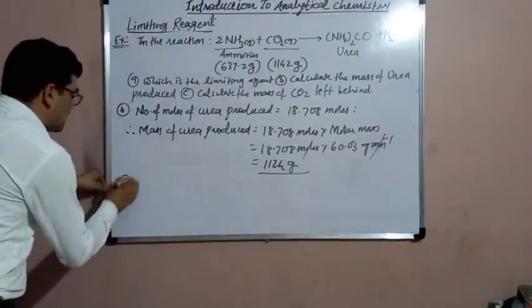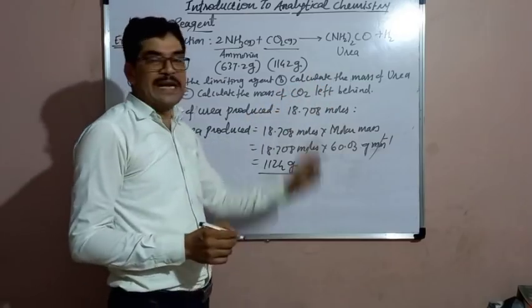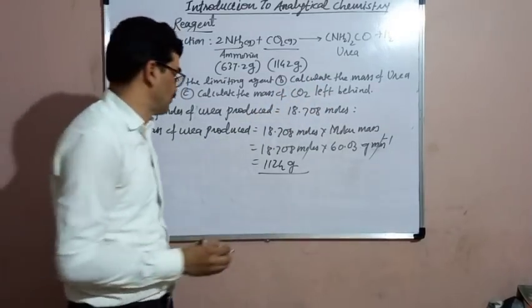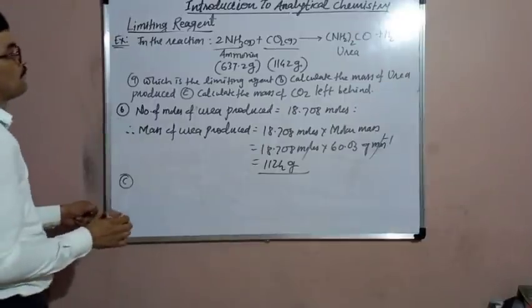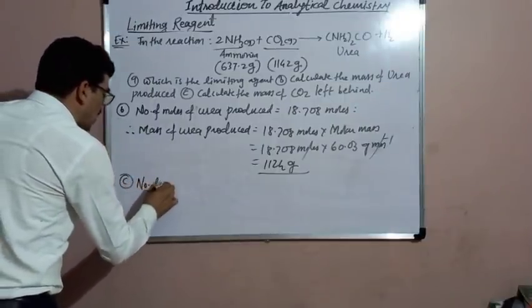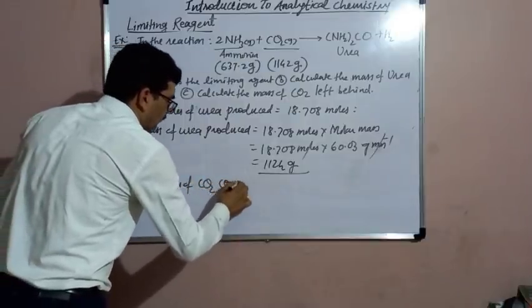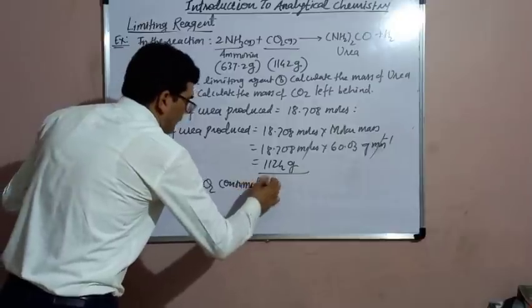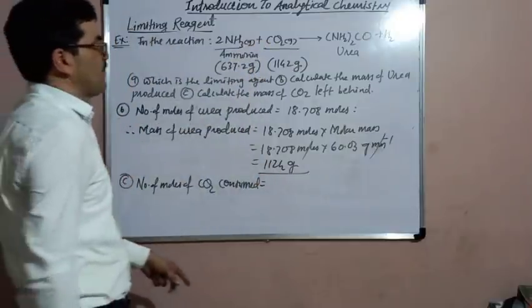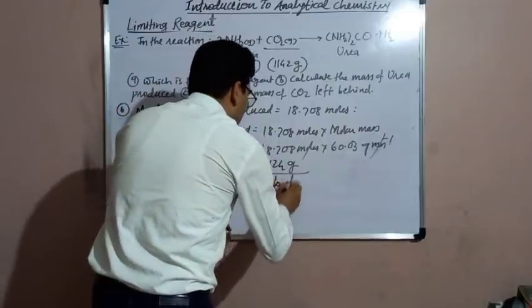Now the answer of C. Calculate the mass of CO2 left behind, unreacted CO2. Now here, number of moles of CO2 consumed. Number of moles of CO2 consumed in the reaction will be equal to number of moles of urea produced.